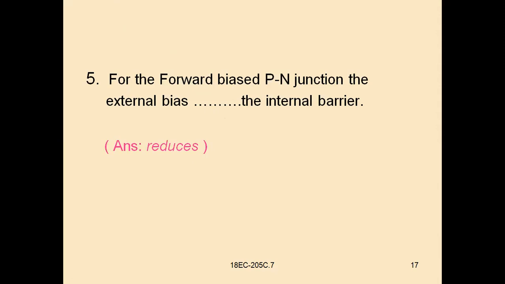Meanwhile, we have a lower internal barrier. It reduces the internal barrier also. And in reverse bias condition, it increases the internal barrier. It strengthens the internal barrier potential, right? It opposes.